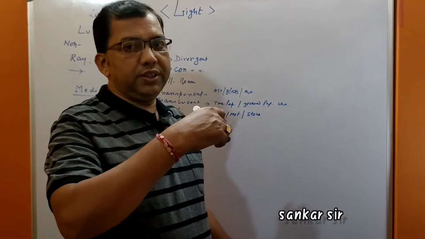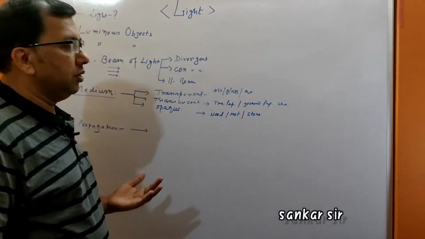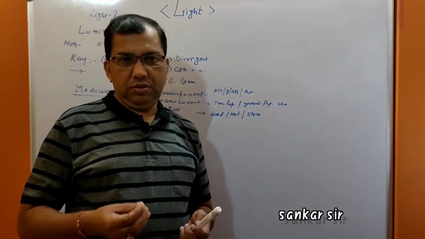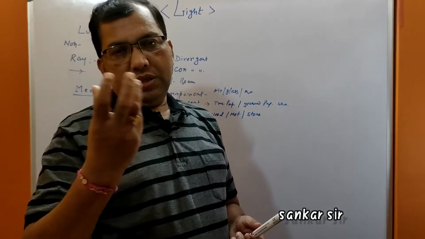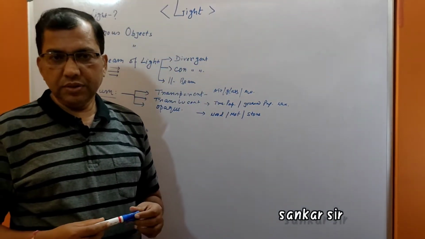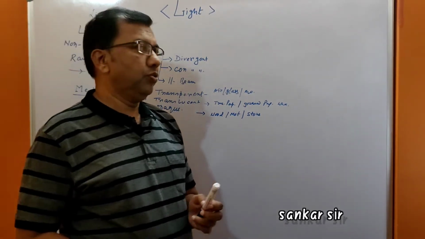With the help of others, they can reflect light. Stone is a non-luminous object. Greasy glass is a non-luminous object. They cannot pass light of their own.